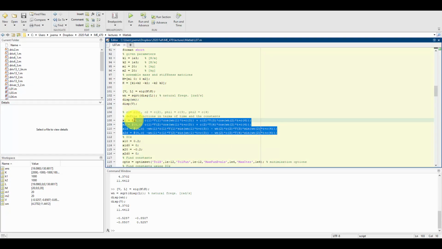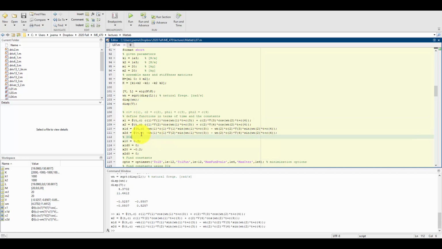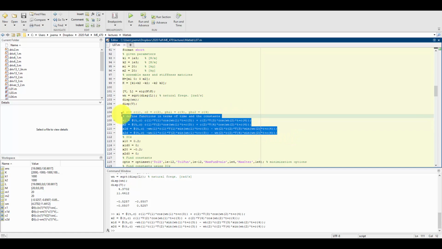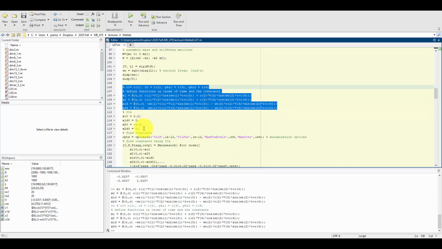Back in the MATLAB, I define my x1, my position, and my velocity equations in terms of time and in terms of this collection of constants c. C of 1 is c1, c of 3 is my phi1, c of 2 is c2, and c of 4 is my phi2 by my definitions here.